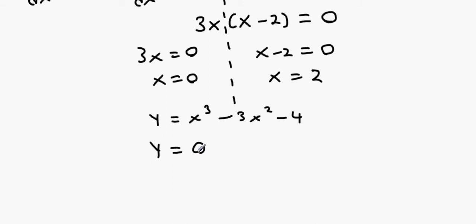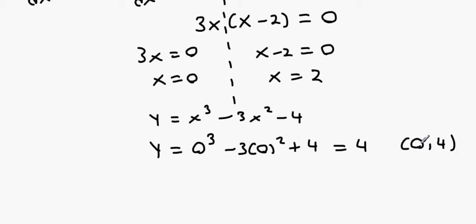So we get 0 to the power 3 minus 3 times 0 squared plus 4. And that turns out to be 4. So one of the turning points is x is 0, y is 4. The next turning point is going to be x equal to 2. So it's going to be 2 cubed minus 3 times 2 squared plus 4.